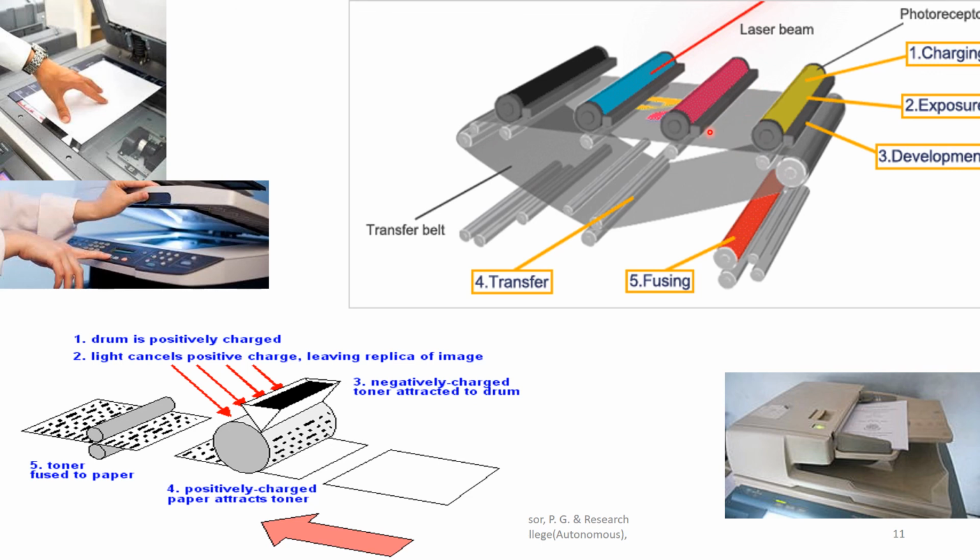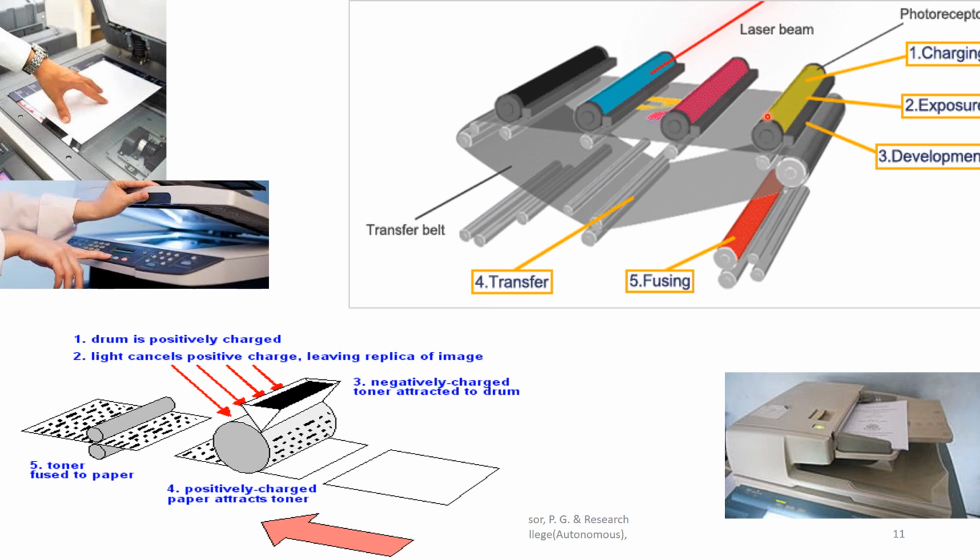The photoreceptor is then exposed to bright light. Once we start the photocopier, the laser beam passes over the document in one direction, and after that the laser beam passes in the opposite direction.